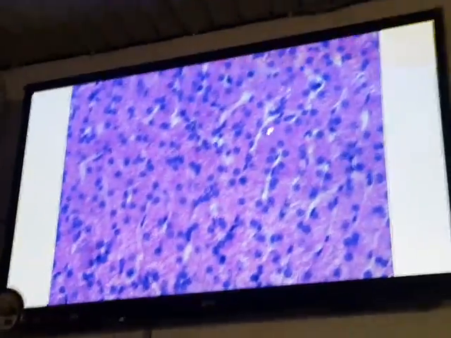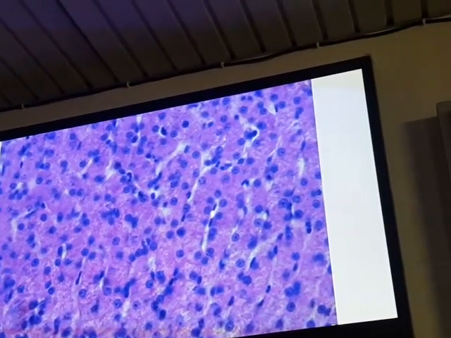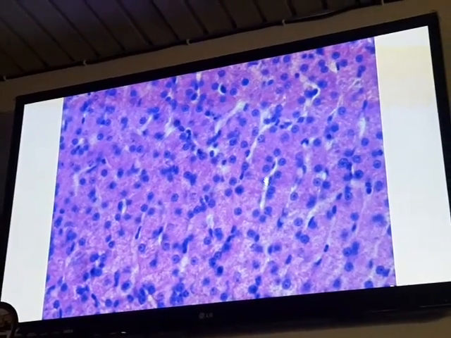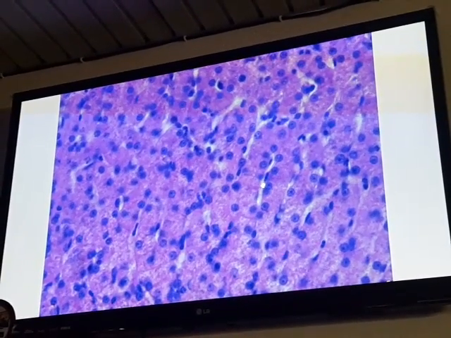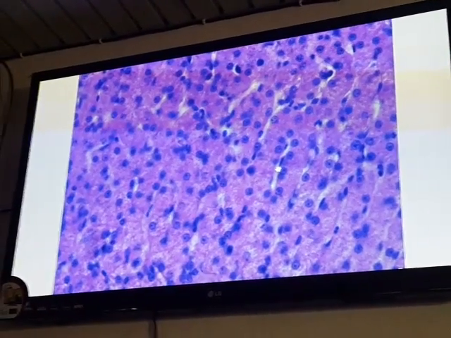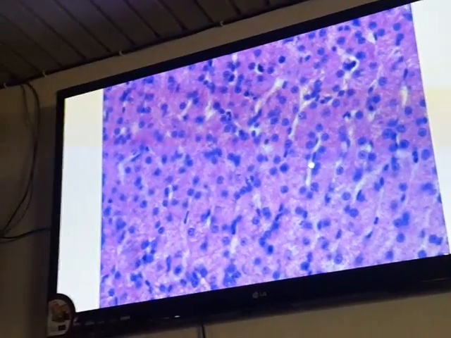We said the hepatocytes are arranged in plates. Between the plates we have spaces. These spaces are sinusoids. Sinusoidal capillaries consist of a discontinuous layer of fenestrated endothelial cells. This is nucleus of endothelial cell.